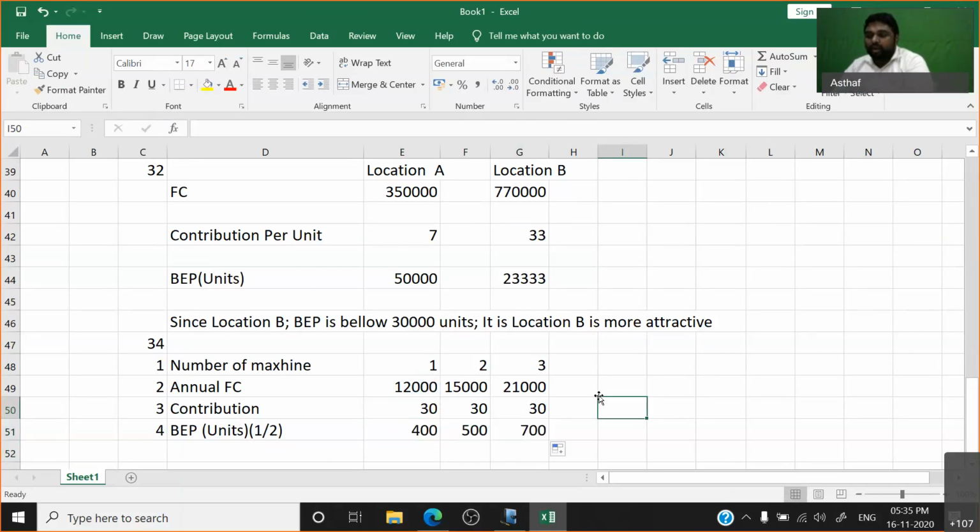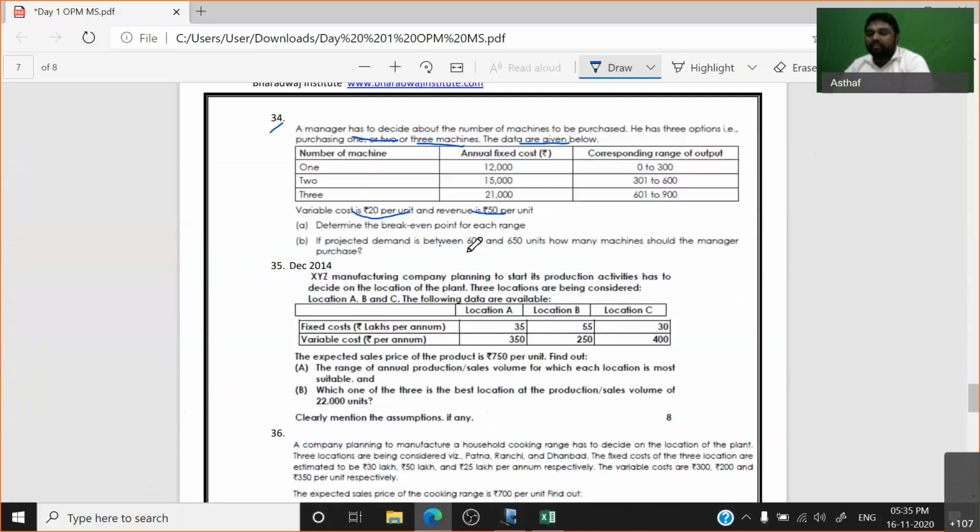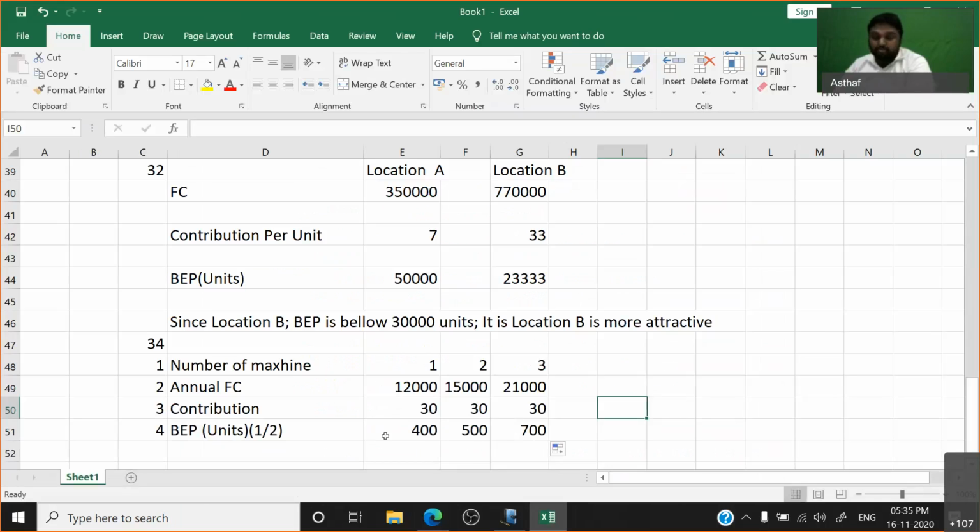Now what is the second point? If demand is between 600 to 650, how many machines should the manager purchase? Very important.